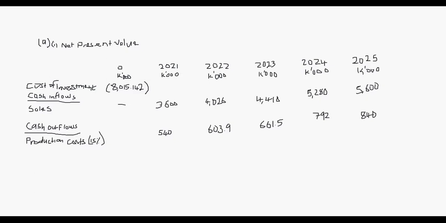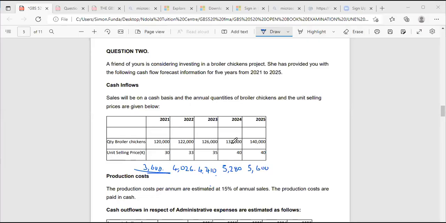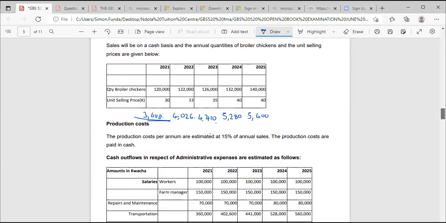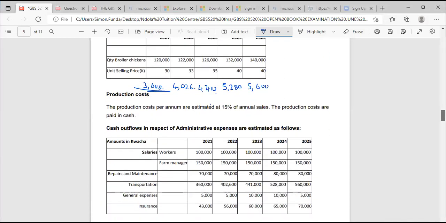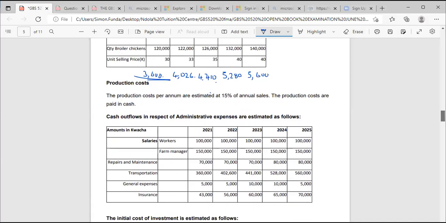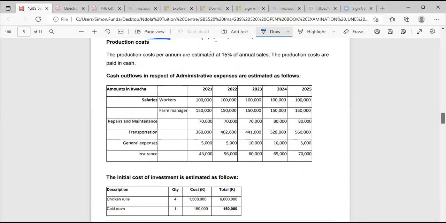Do we have any other cost? Yes, we have administration. So let's go back to the question. The other expenses that we are supposed to bring down here are called the administrative expenses. So all these are administrative expenses.